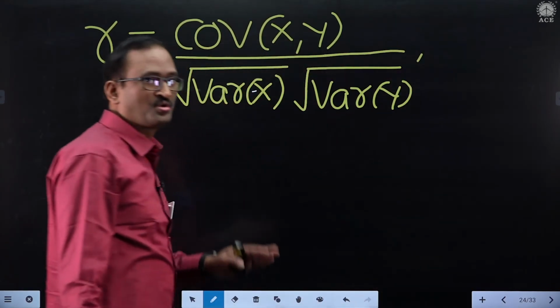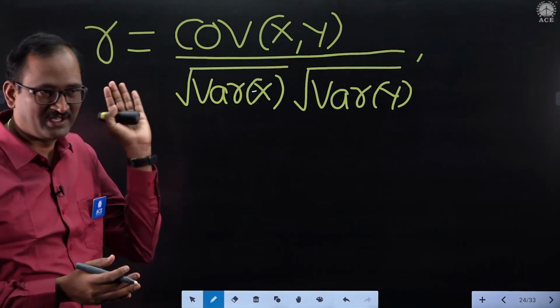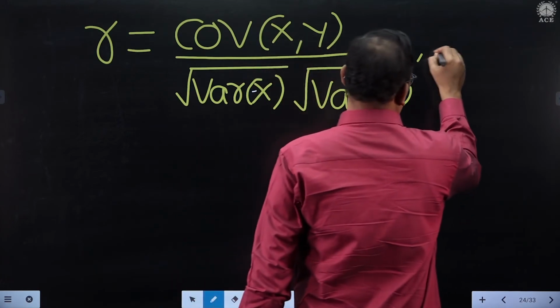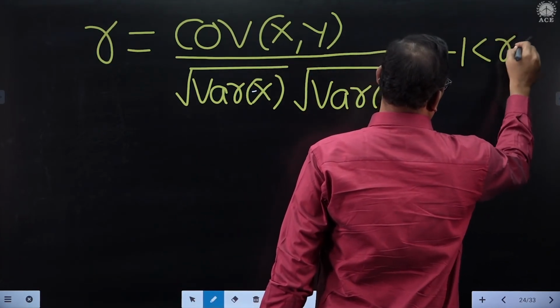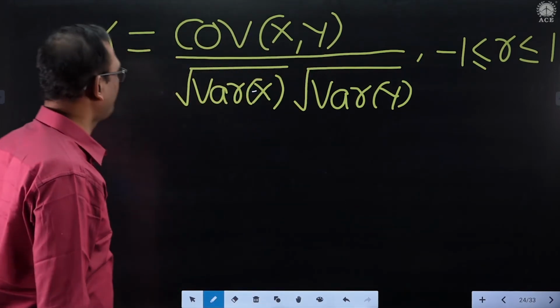Do you know the correlation coefficient value should lie between minus 1 and plus 1? So here I can write minus 1 less than or equal to R less than or equal to 1, including minus 1 and plus 1 as well.